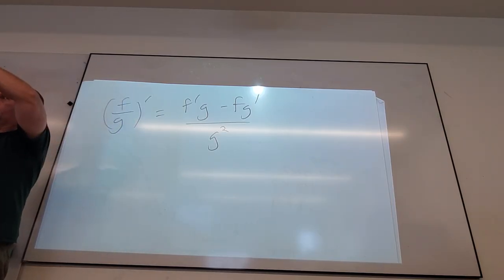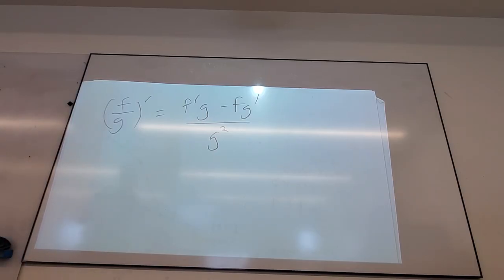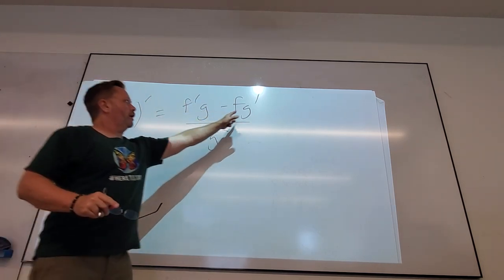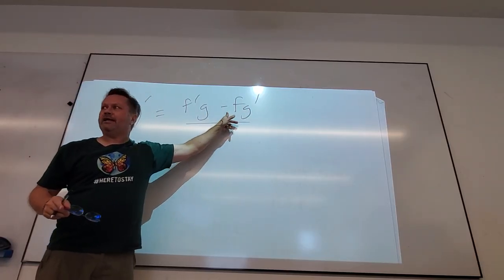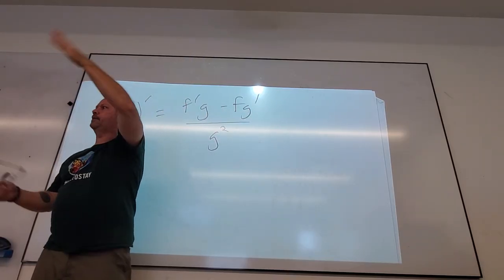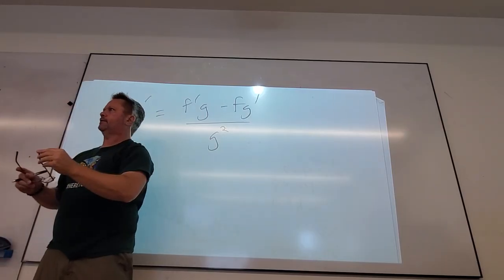Isn't g on the bottom? So it's g to the negative 1, that's why it's on the bottom. How do you take the derivative of x to the negative 1? It'd be negative x to the negative 2, correct? So where I take the derivative of g, do you see how it's negative? Because the negative 1 would come down, making it negative.